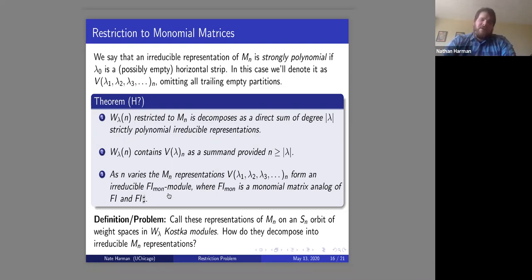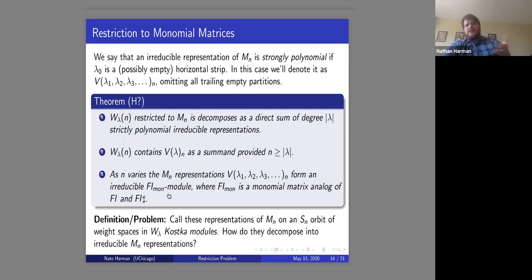So you'll be able to have Laurent polynomial characters. But if I impose this additional condition that I only want to consider the polynomial representations, because that's the relevant class of representations for this problem, if I look at polynomial representations of FI mon, then those automatically extend to the version where we include lower rank matrices.